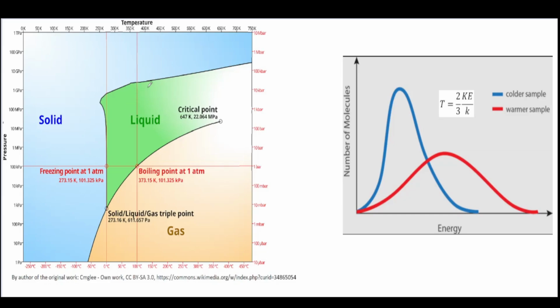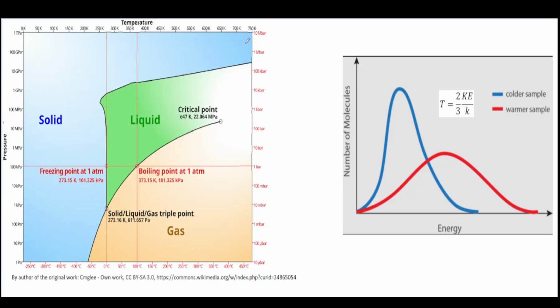So as you go up in temperature, you get into this region here to the right on this phase diagram. And as you go up in pressure, you go up here.